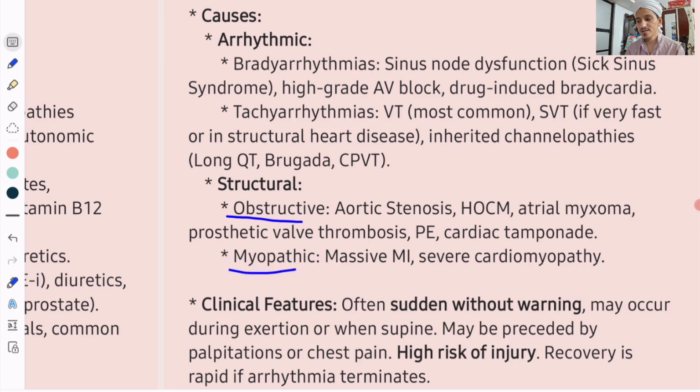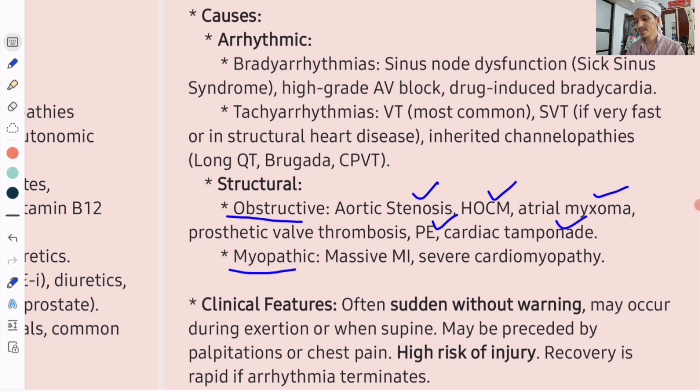Structural causes can be obstructive or myopathic. So aortic stenosis, hypertrophic cardiomyopathy, atrial myxoma, pulmonary embolism, cardiac tamponade. All these will cause obstruction and there will be syncope. Atrial myxoma is rare, but you can remember the common ones are aortic stenosis and hypertrophic cardiomyopathy.